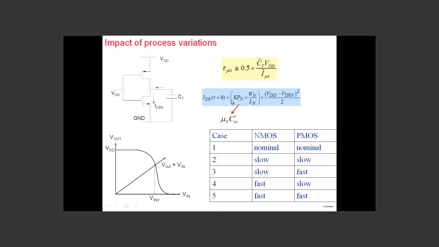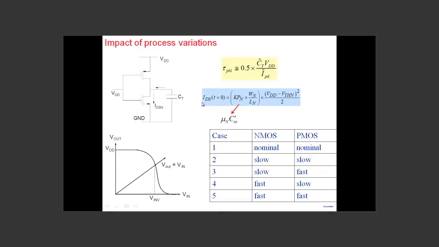KPN is 3 sigma above and VTHN is 3 sigma below, which means the current is high. That's the maximum current that you can get, and capacitances are not changing that much. So the delay would be minimum here. We call such a transistor a fast transistor, with the minimum VTHN and the maximum KPN.